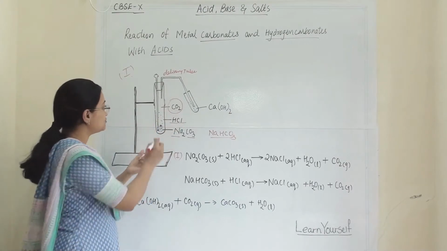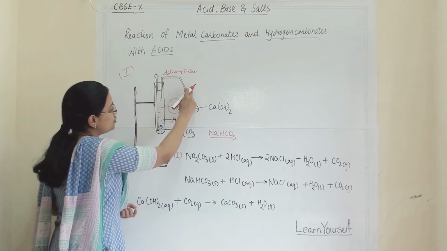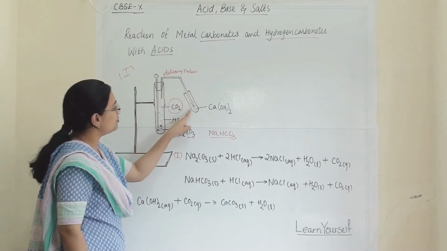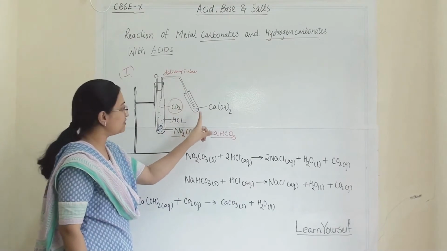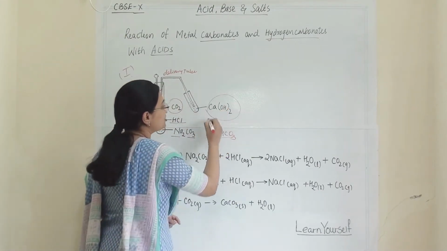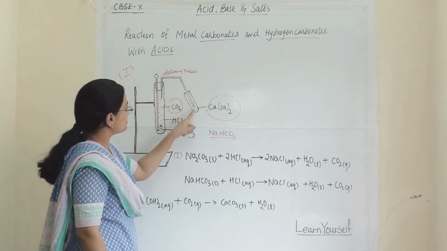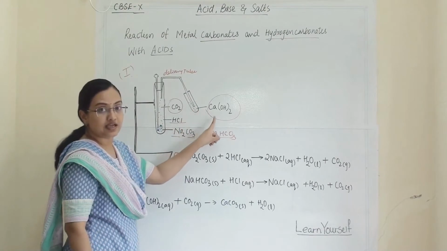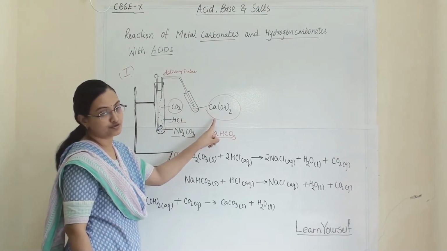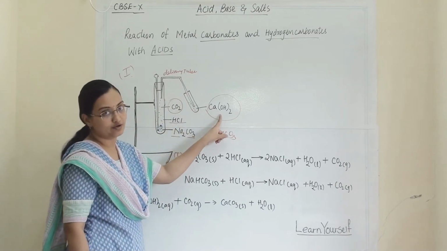That gas will pass through this delivery tube, which we have kept in another test tube in which we have taken calcium hydroxide solution. So the carbon dioxide gas is going directly into the calcium hydroxide solution. We have dipped the delivery tube in the calcium hydroxide solution.